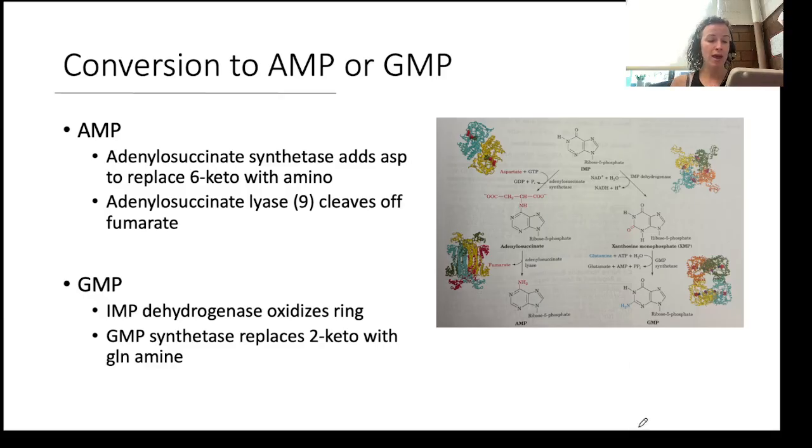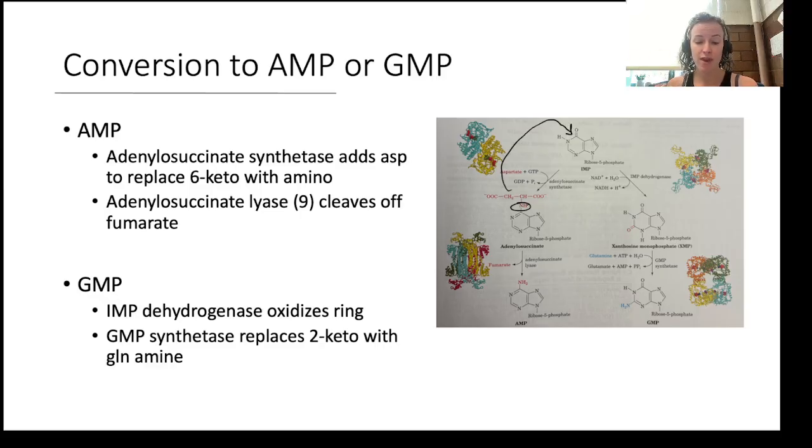To get to AMP, let's look at the left side of this picture here. First, we have adenylosuccinate synthetase adding aspartate to replace this, let's see, I'll draw the arrow from here, to replace the 6-keto with instead what's going to be just the amino group.